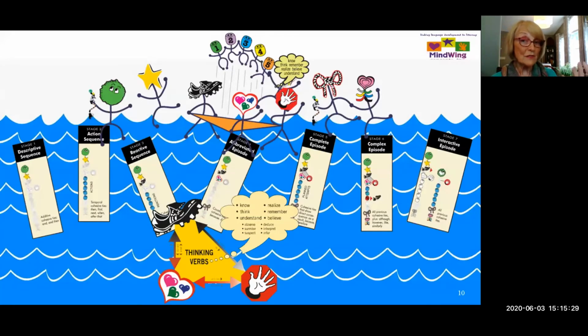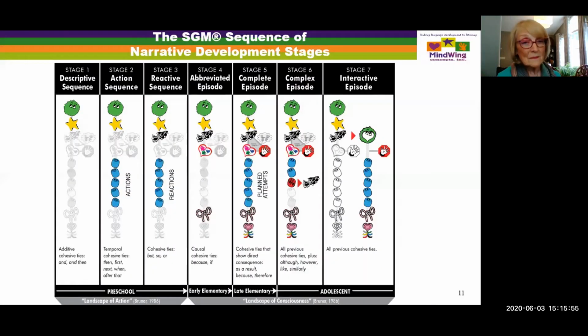It's because there's a feeling or a thought or both, and they've made a plan. So these are the deep levels of where we could go with narrative, and that's what struck me about Anna's work and about the story grammar marker, how there was such a meshing of ideas and there were ways to do it.